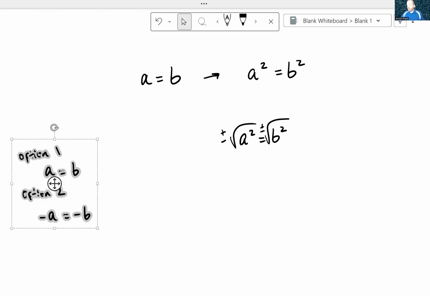Okay, option three is we get a minus on one of them and not a minus on the other one.